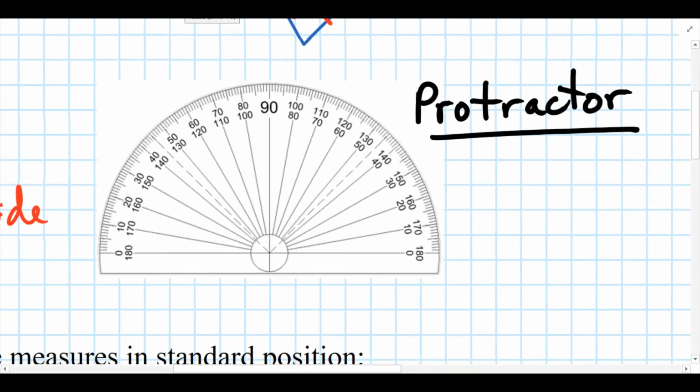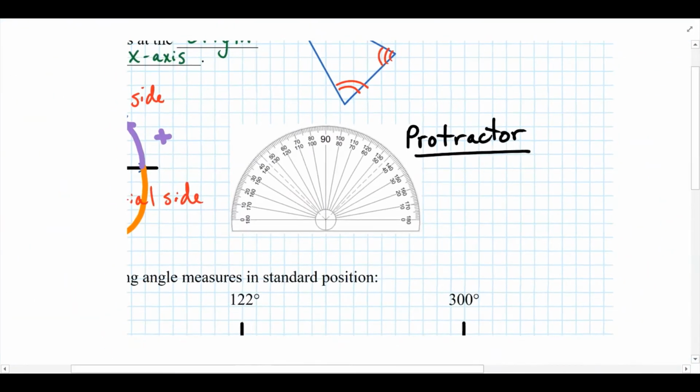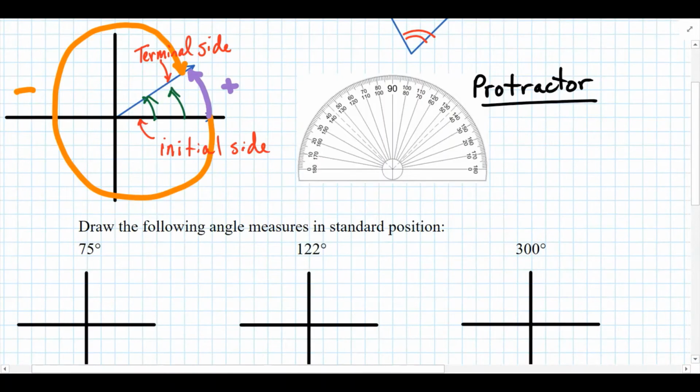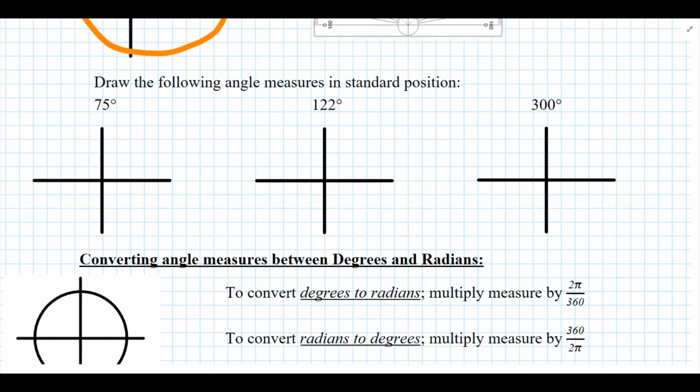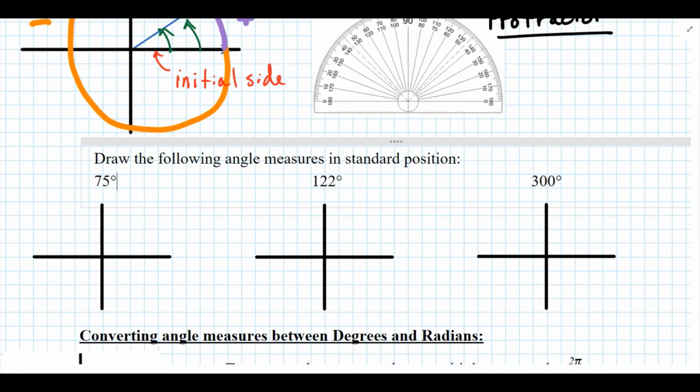For example, if we were to draw the following angles in standard position, we would see the following. Start by drawing the initial side of the angle along the positive x-axis.